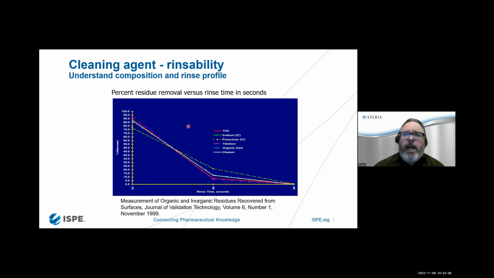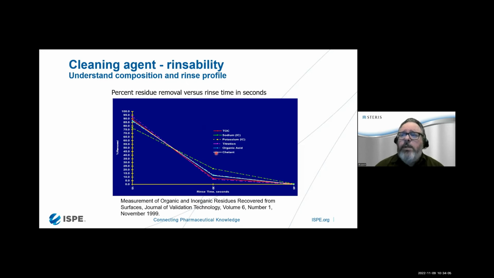Now, with that in mind, a lot of times cleaning agents are formulated products, so it's a good idea to understand what the components are and also how the components rinse from a surface, because that's going to drive your analytical method to show that they've been removed from the surface to the safe levels. This is just a study that was done actually over 20 years ago, but it's a formulated cleaning agent.